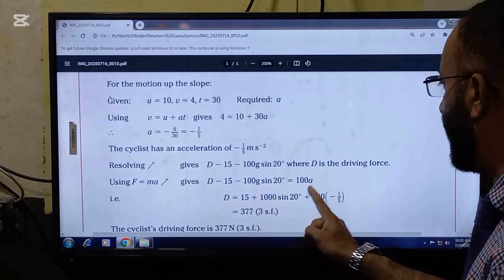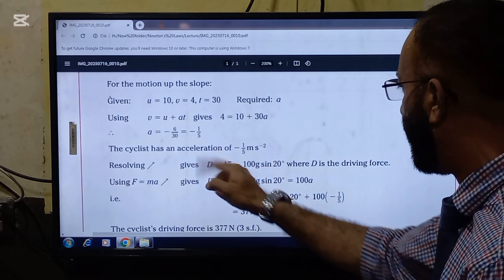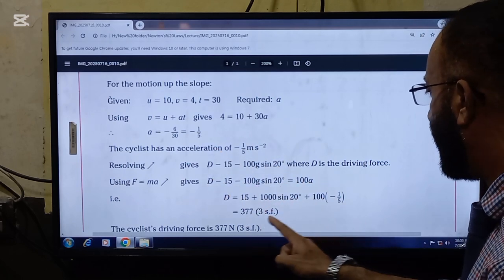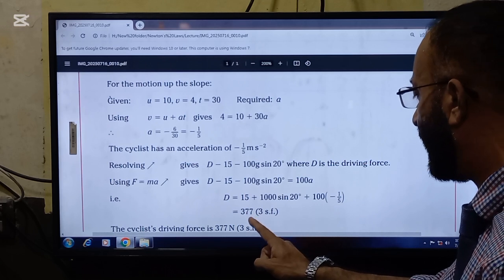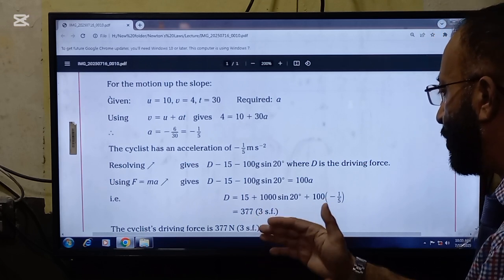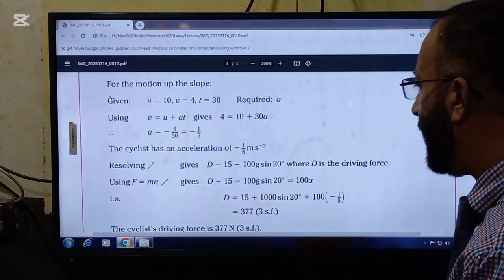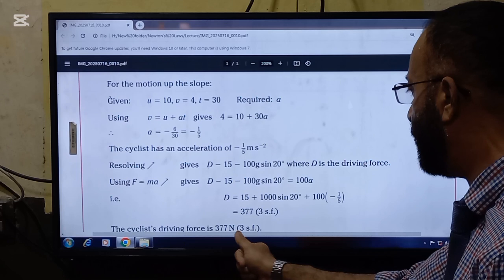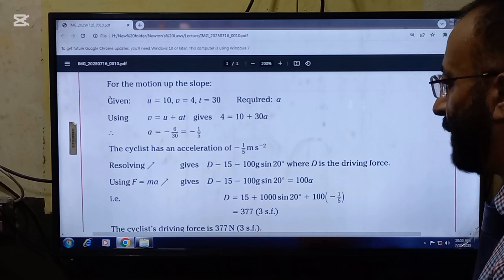M is 100 and A is -1/5. Putting these values into the formula, solve it on the calculator, you will get the answer. So this is the driving force needed to move up the hill according to the data. The cyclist driving force is 377 Newton to 3 significant figures.